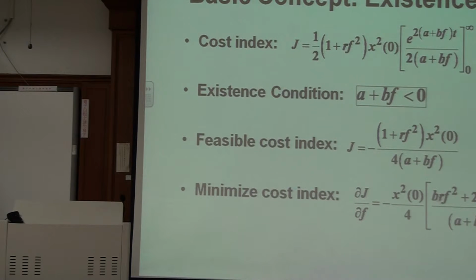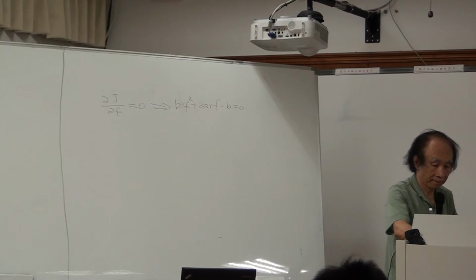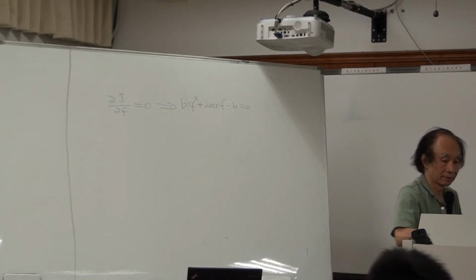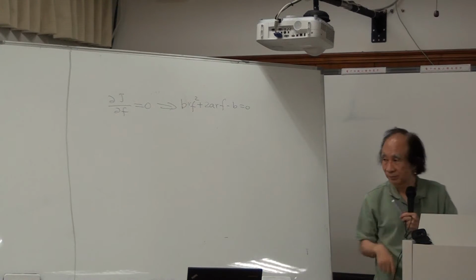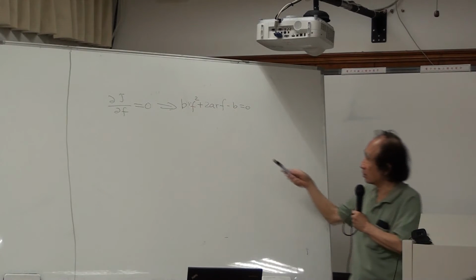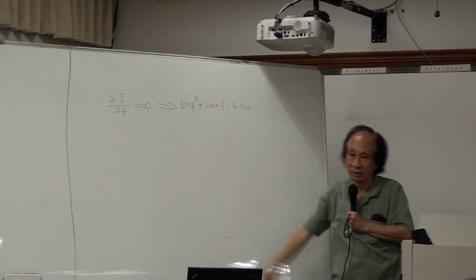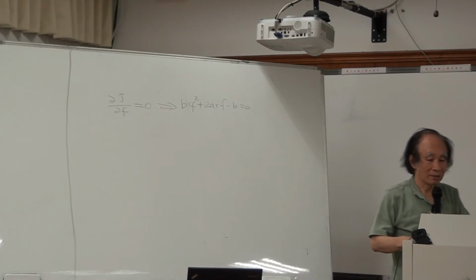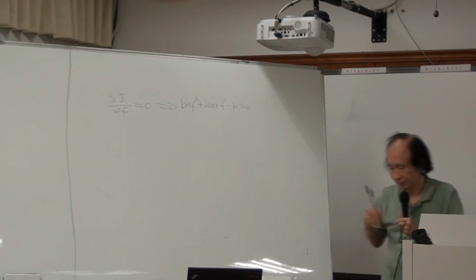Agree? Because A plus BF cannot be 0, and if we want partial J over partial F equal to 0, that means BRF squared plus 2ARF minus B equals 0.